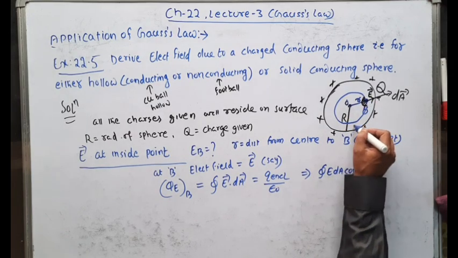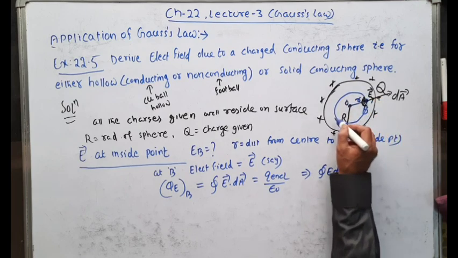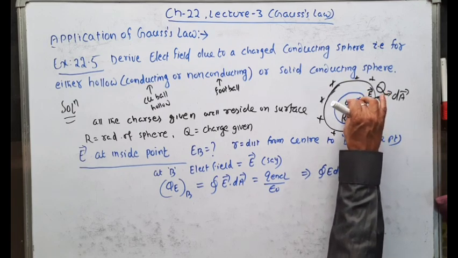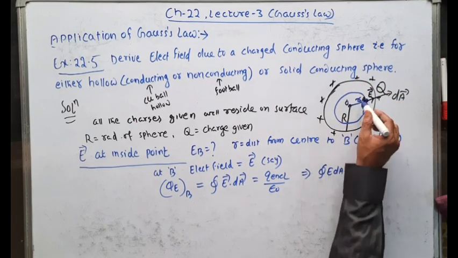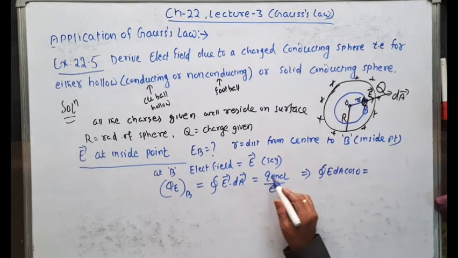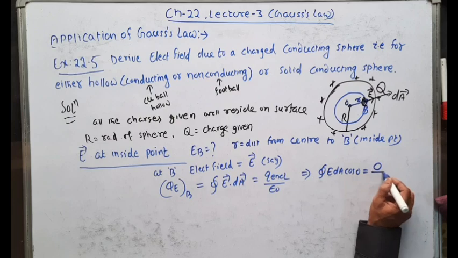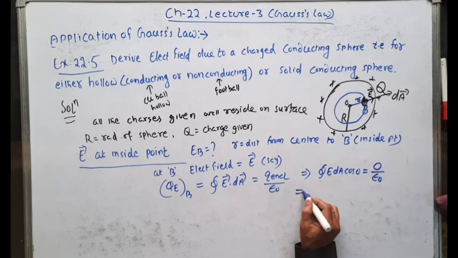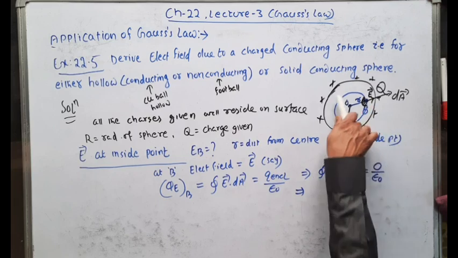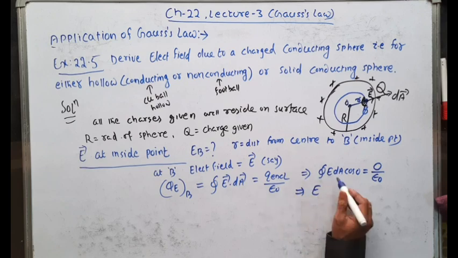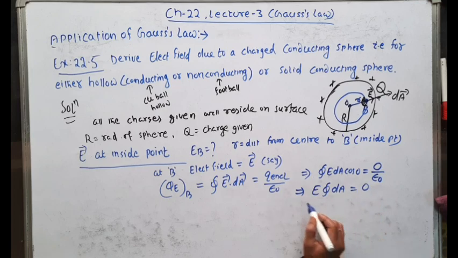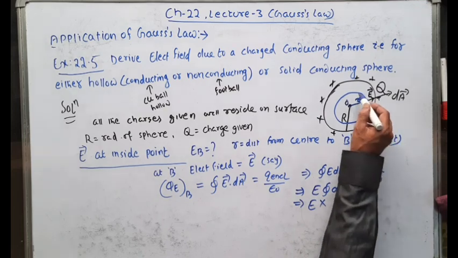Within this Gaussian sphere there is no charge enclosed, because all the charge is distributed on the surface. So the charge enclosed is 0 divided by epsilon naught. Since the surface is symmetrical about the center, the electric field intensity is constant and comes outside the integral, giving E times the surface integral of dA equal to 0. Whatever the surface integral, E into the surface area of this sphere.